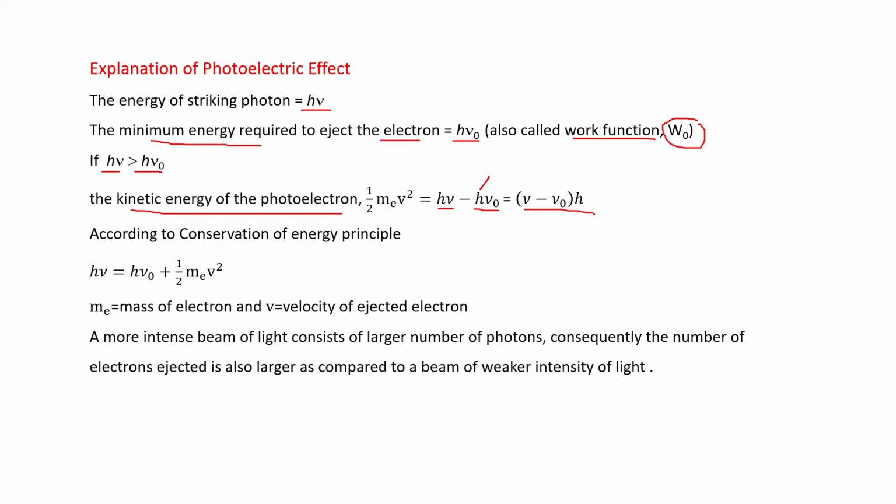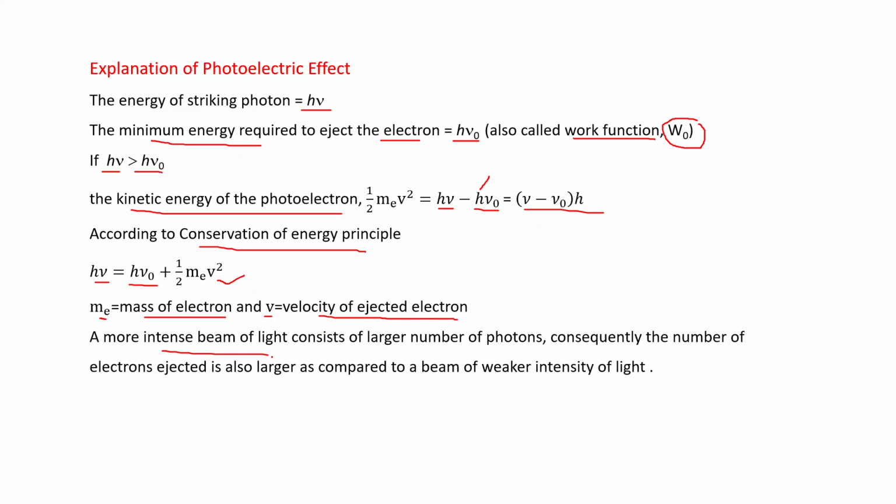Okay, then we will get this expression. And actually this expression is according to the conservation of energy principle. hν = hν0 + ½mv², where m is the mass of the electron and v is the velocity of the ejected electron.